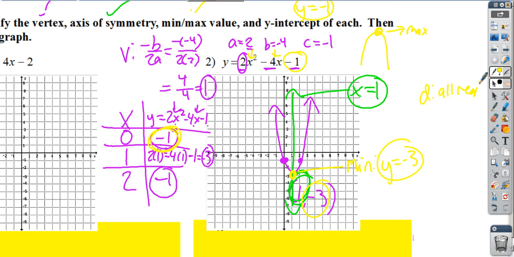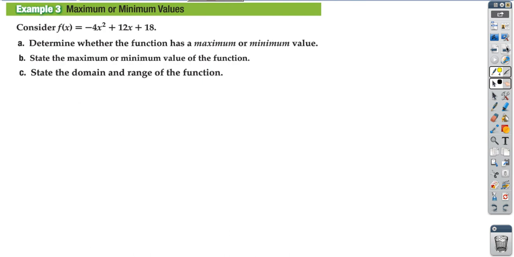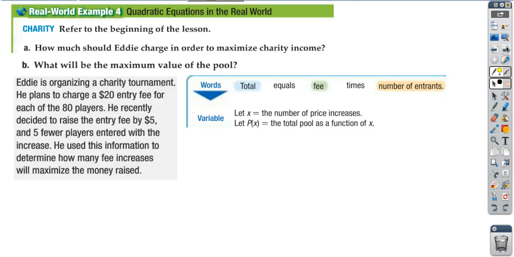The range for this one is going to be anything where y is bigger than that yellow dot, because it's going up, so y is greater than or equal to negative 3. And that is a brief summary of 4.1. That's how to graph parabolas or how to graph quadratic equations. In the next section, 4.2, we'll talk about how to use that in real-world problems like this one right here.